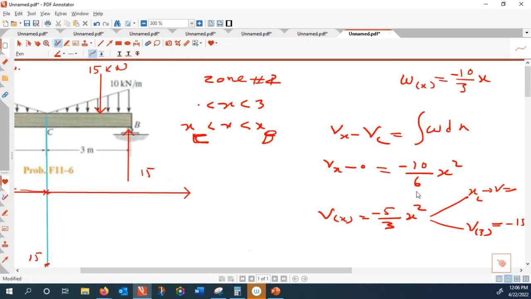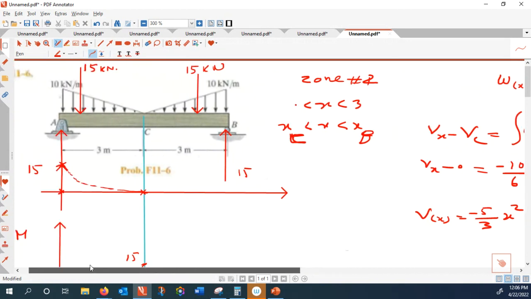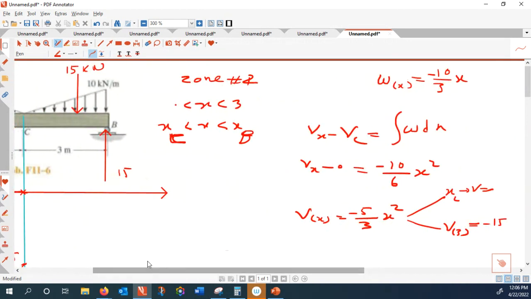Okay, so that is an equation of a line. This is a parabola, and the parabola is changing like so.